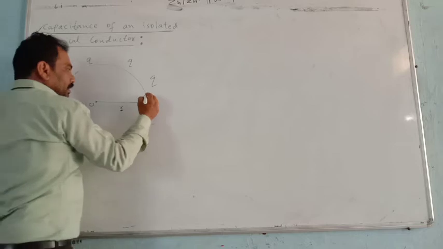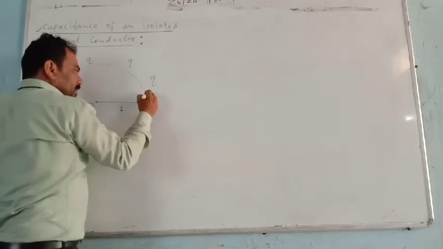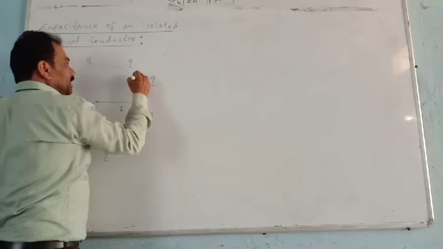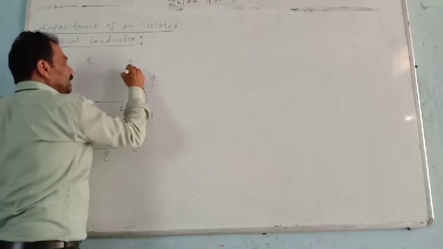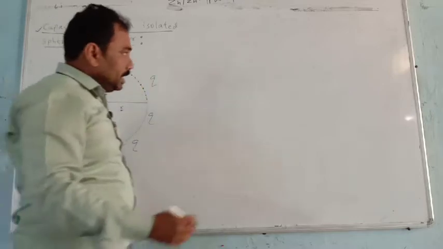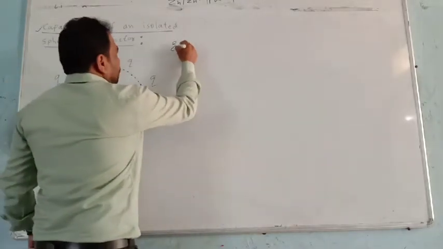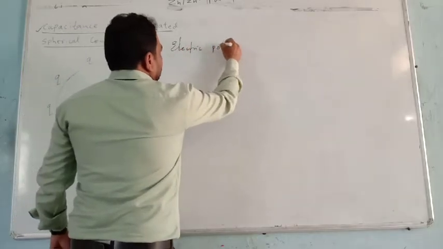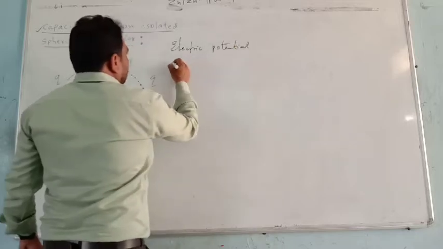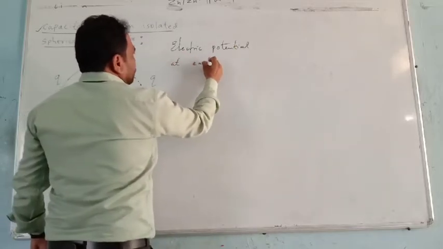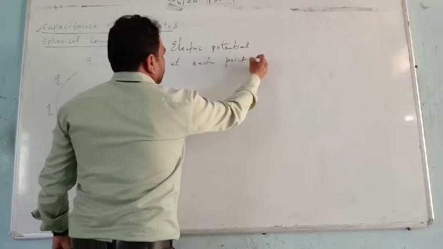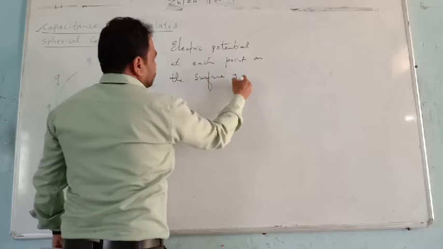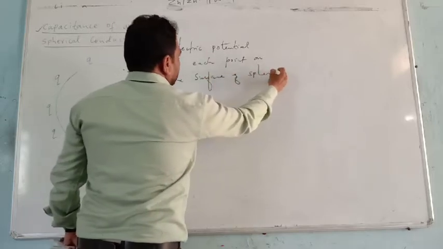Now if we want the electric potential on the surface of the isolated spherical conductor, then we know the spherical electric potential, which we have seen, that is the electric potential at each point on the surface of an isolated spherical conductor.